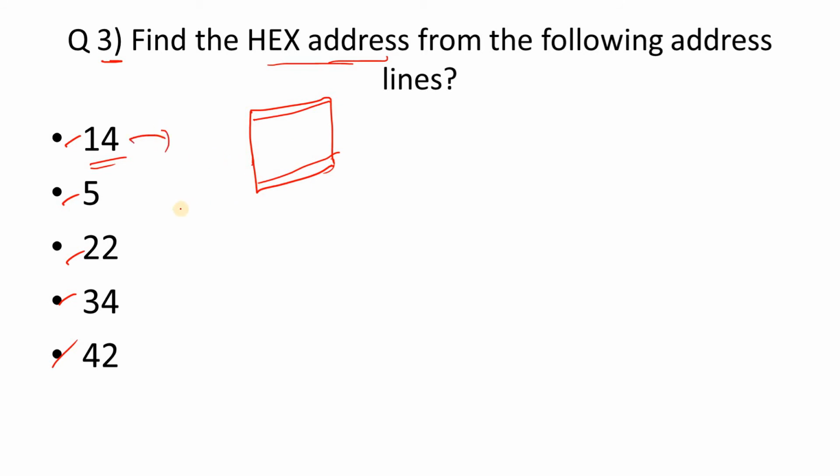14 address lines means initially we expect 14 zeros: 1, 2, 3, 4, 5, 6, 7, 8, 9, 10, 11, 12, 13, 14. The next location is all zeros with a 1 at the end, then 1, 0, then 1, 1, with all the rest zeros, then 1, 0, 0, subsequent locations like this.